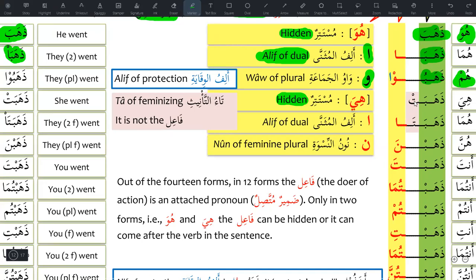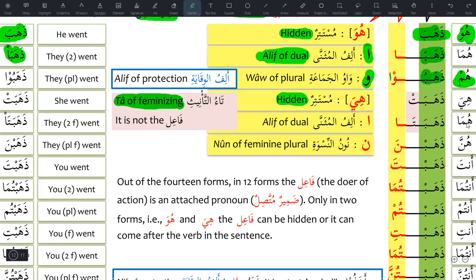This ta is not a verb. This ta is not a subject. This ta is only ta of feminizing. Ta of feminizing, ta ut-taanis.